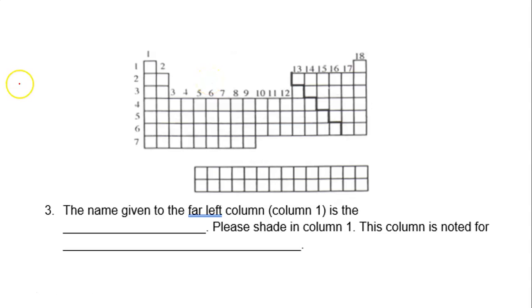Now, the far left column, this column right here, is known as the alkali metals. That name metals should give you an indication that this one here should not be filled in because hydrogen is not really a metal.